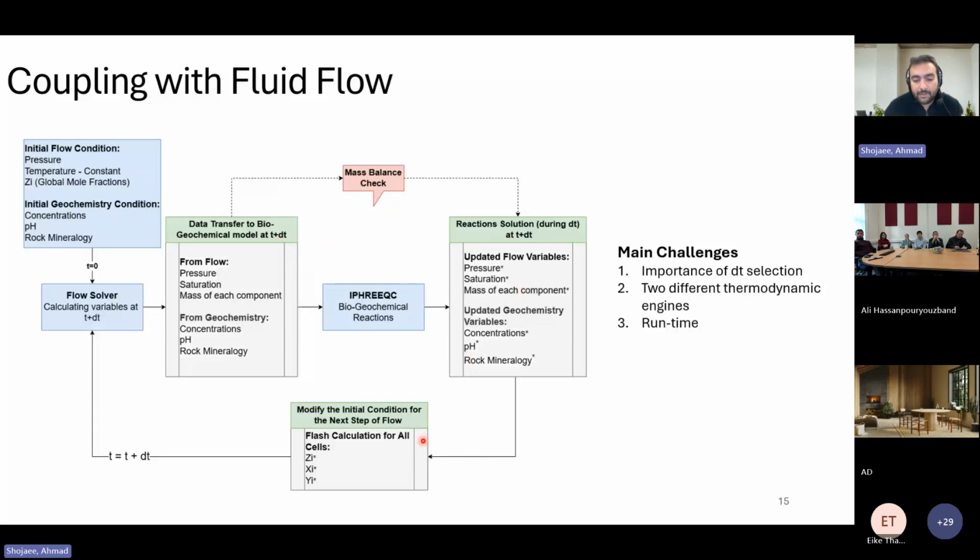To overcome this problem, after the bio-geo model and before taking all variables, we perform a flash calculation. The model performs a flash calculation using the MRST thermodynamic engine to make it consistent for the fluid flow. And another challenge is runtime. When we want to do simulation in large models, because we are performing the batch calculation for each cell separately, the runtime would be extensive.